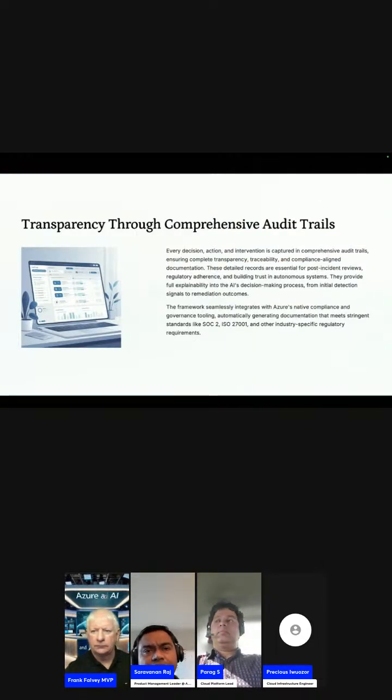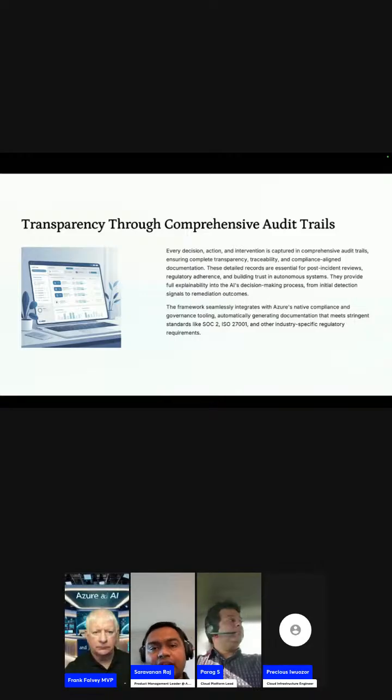And then you have the third pillar of the framework, which is transparency through comprehensive audit trails. For every decision, we need traceability and transparency through explainable AI. So why did AI take the step it took?